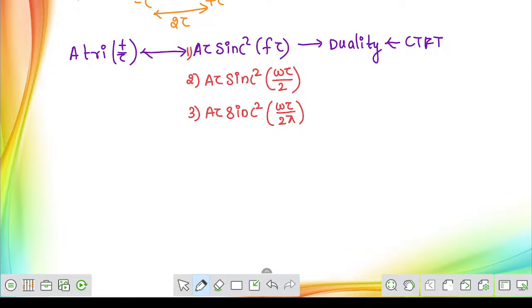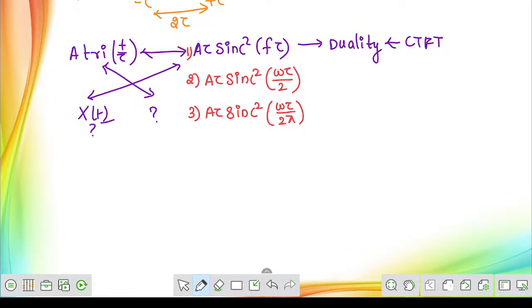Learn how to convert the function: if your signal is in the frequency domain, how to convert it into the time domain, and if your signal is in the time domain, how to convert it into the equivalent frequency domain. These two are very, very important properties. Especially when you are appearing for state government jobs, direct questions will be framed on duality. So it is very important to remember all these things, otherwise you will be stuck.